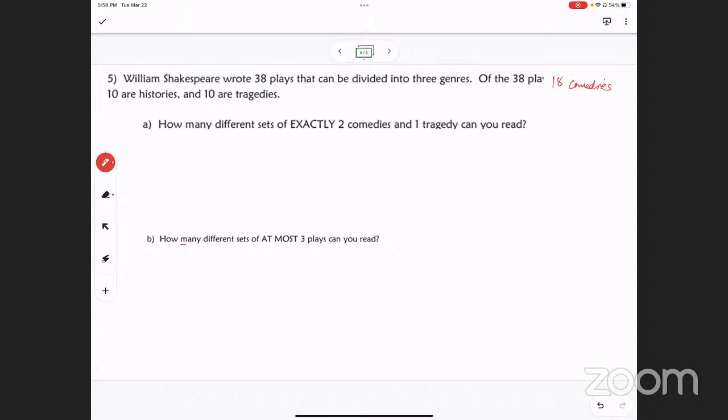So you're going to pick exactly 2 comedies. There's 18 comedies and you're going to choose exactly 2 of them. And then you're going to pick 1 tragedy. But what we're going to do is multiply this now. We're going to multiply this, not add it.